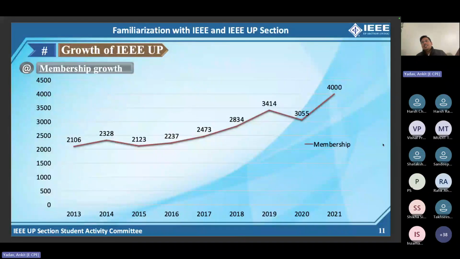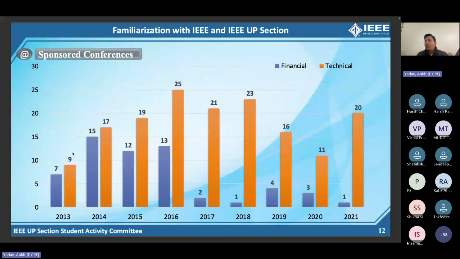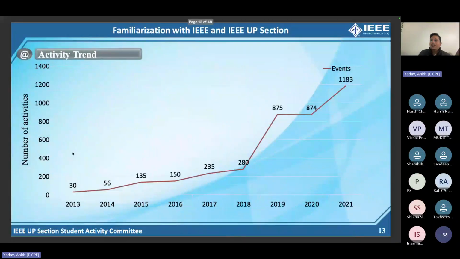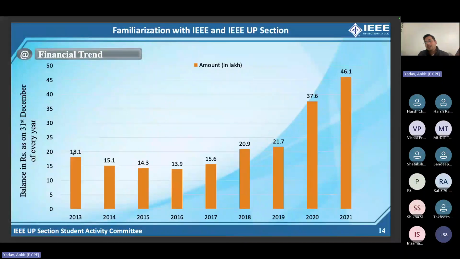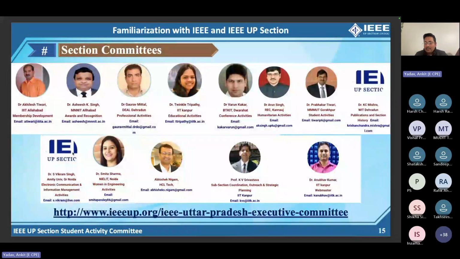We have been organizing a lot of conferences, sponsored by the section, and growing each and every year. Our activities are growing across the section throughout the year, since the last decade. And our financial support from the section is also continuously increasing. This growth of the IEEE section, all the activities, all the sponsorship of conferences and organizing of these events, has been possible because of the strong section committees.